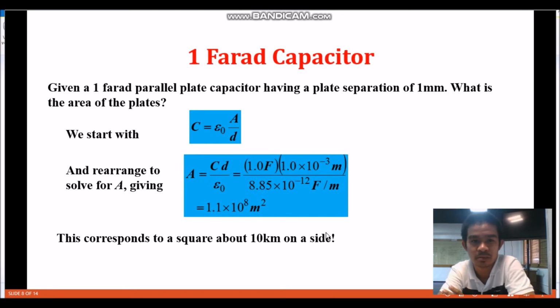Okay, we can still use farad if we're going to solve problems. You just convert micro to farad by multiplying the magnitude by 10 to the power of negative 6.